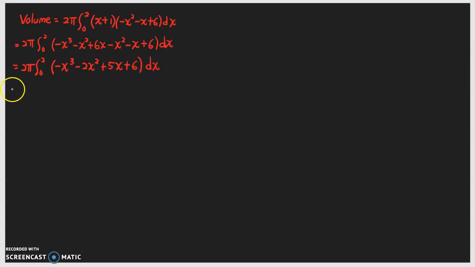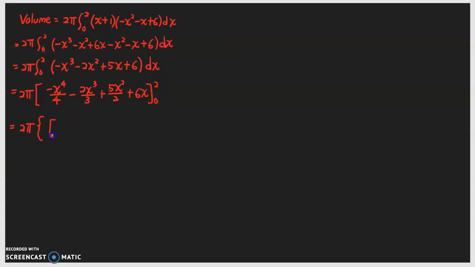So now I start to integrate. 2 pi, integrate negative x to the power 4 over 4 minus 2x cubed over 3 plus 5x squared over 2 plus 6x. So we're going to substitute the value from 0 until 2. First, we substitute the value of 2.